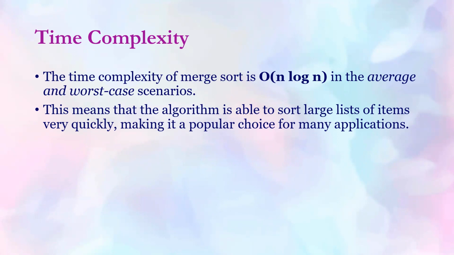We also have something called the best case, so you can refresh on all these topics. Order of n log n itself seems very efficient and quick, and that's why many applications go for merge sort as the sorting algorithm.